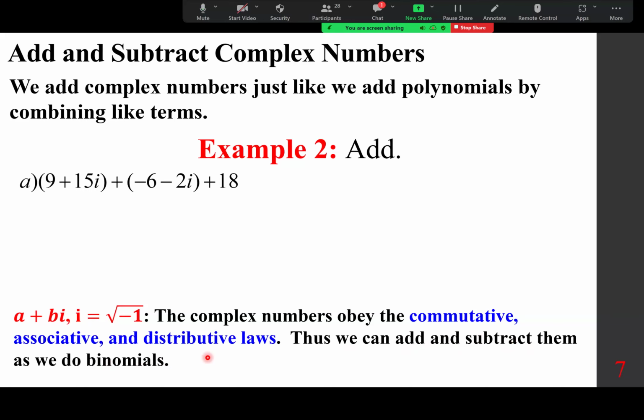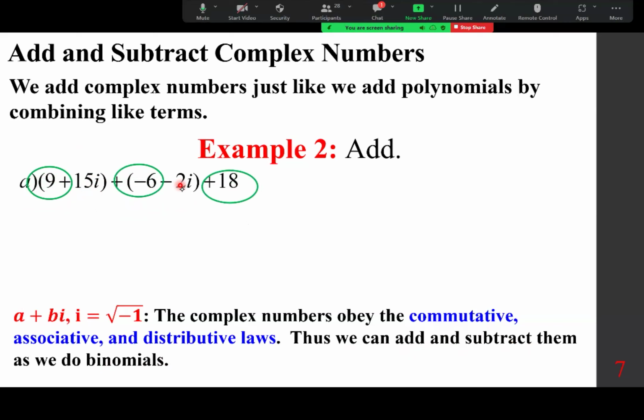So you want to add this because it's a plus sign. Remember, if you have a parenthesis, you have to distribute, but it's a plus sign, so nothing changes. So notice you can add the numbers 9, negative 6, 18, and the imaginary parts 15i and negative 2i.